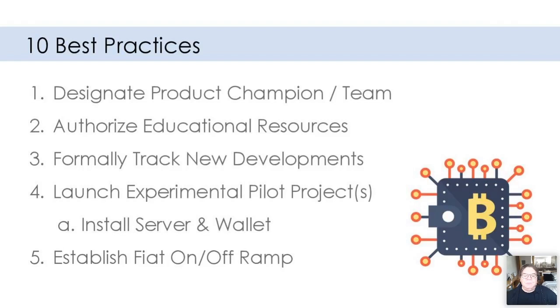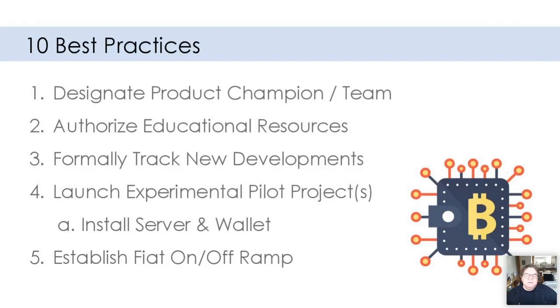And then put in place a way to formally track new developments. This is a very rapidly growing space, and staying on top of what's new is important for both what to experiment with and what you need to learn. And then launch some experimental pilot projects. These are low risk, easy to do, and start you up that educational curve.